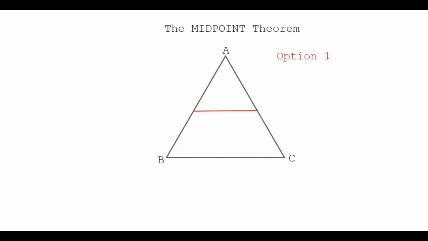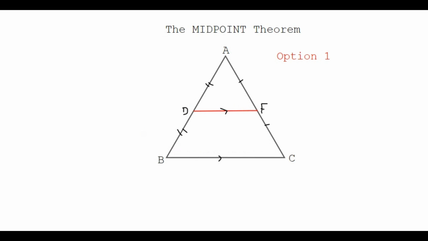It tells us that if we have a triangle and the midpoints of these sides, let's say this is point D and F, and in order for it to be a midpoint, the line connects the two midpoints of the sides, then DF would be parallel to BC, and DF would also equal half of BC.